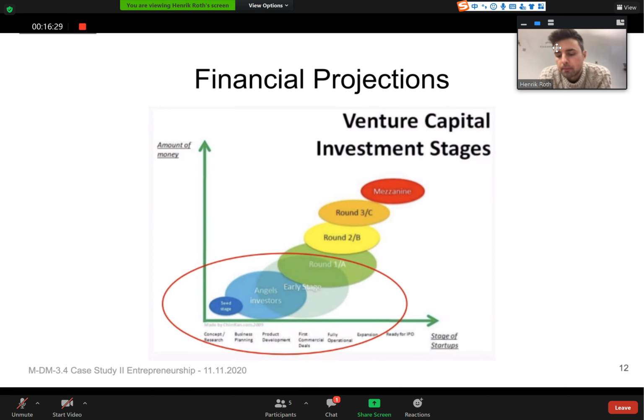And the valuation of your company is basically the meeting point between you and the investor. So when you want to give your investor 10% of your company, and your company is worth 100,000 euros, he will only pay you, in brackets, 10,000 euros.